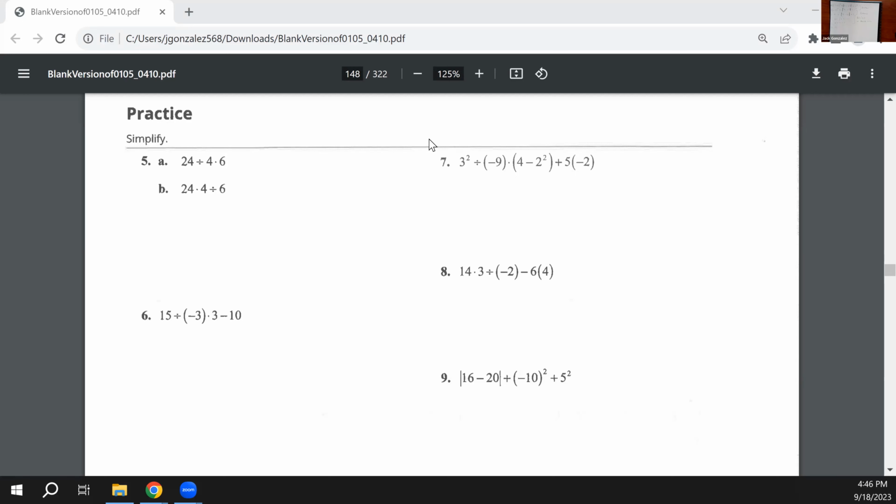Yeah, you could do it like that. Let me write it better though. Technically, there's no parentheses here. It's the same, it's just a rule thing.